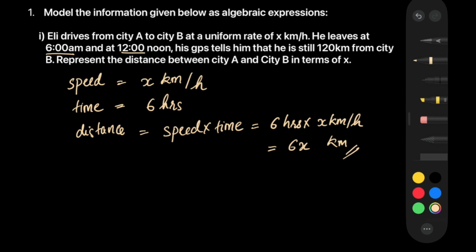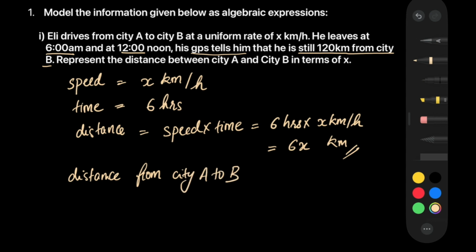Now, his GPS tells him that he is still 120 kilometers from city B. So the distance from city A to B is the distance that he's already traveled, which is 6x, plus the distance he still needs to travel, which is 120 kilometers.